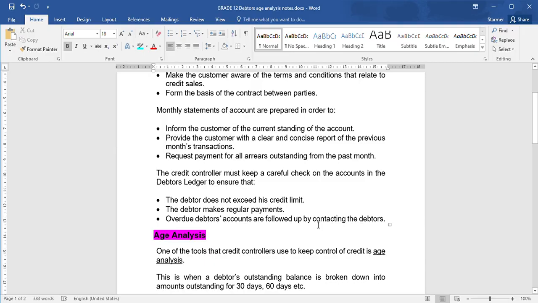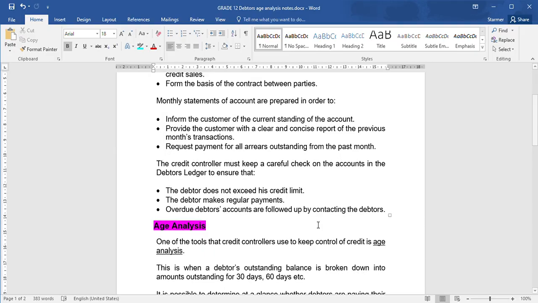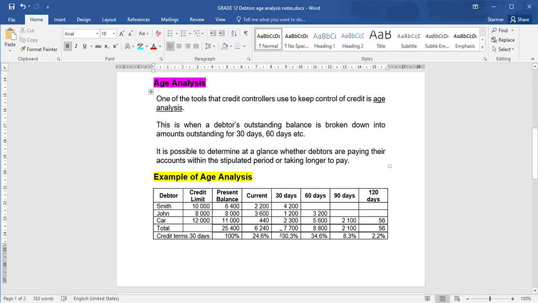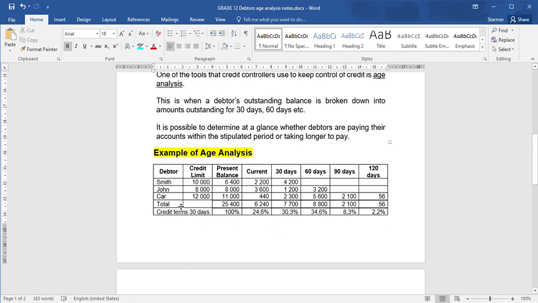Now, one of the tools that the credit controller can make use of is something called age analysis. Basically what it does is it takes each debtor's outstanding balance and it breaks it down into amounts owing for 30 days, 60 days, etc. So if we look at this example here, we can see that Smith has a credit limit of 10,000.